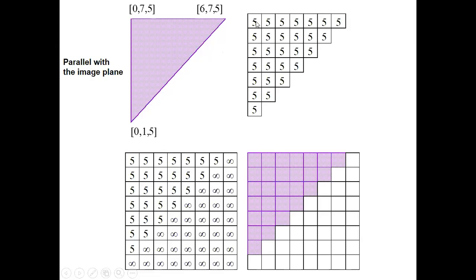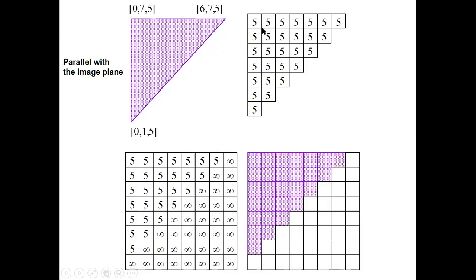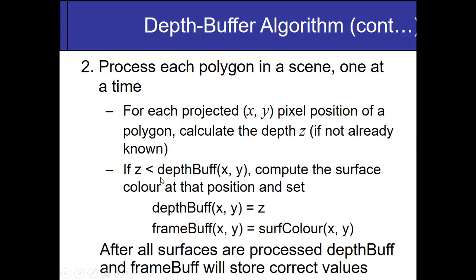So what do you do? You replace the infinity with 5. Here, the top row first column was infinity. Here the top row first column was 5. 5 is less than infinity, so yes, replace that infinity with 5. So that is what this step says. If Z, that is 5, is less than infinity, replace the infinity with 5.